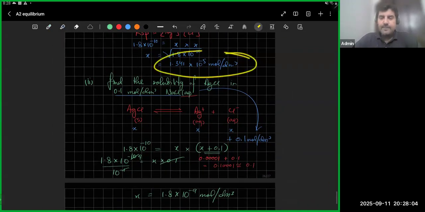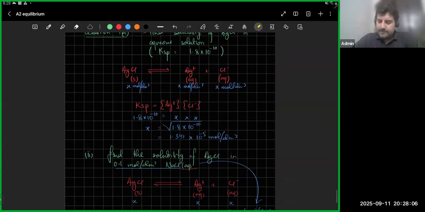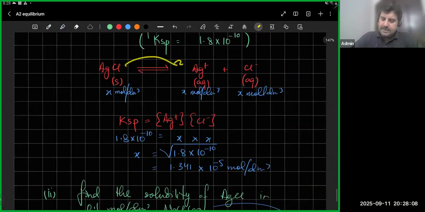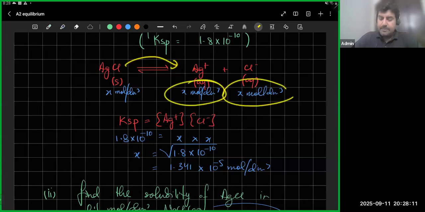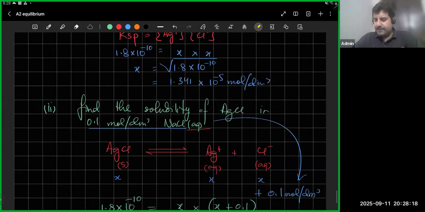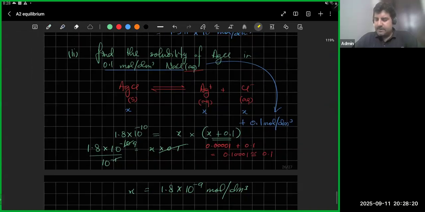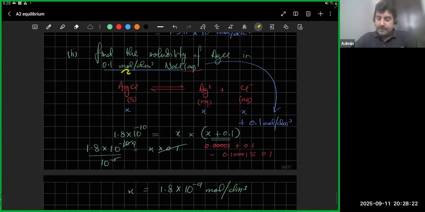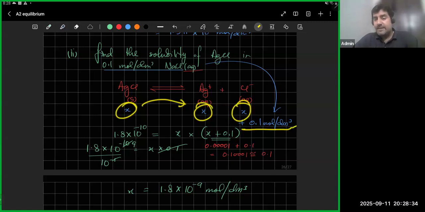That's going to be my new solubility of AgCl, which is way lesser compared to the first time that we calculated, when we just had water, when only AgCl was dissolving and X mole per dm cube and X mole per dm cube were getting produced. The solubility of AgCl came out to be a lot bigger. Now there was already 0.1 mole per dm cube NaCl. So although X mole per dm cube of AgCl was still dissolving, forming X of this and X of this, there was an extra 0.1 mole per dm cube of Cl⁻ ions present in the solution.